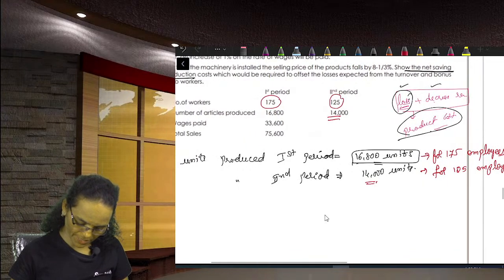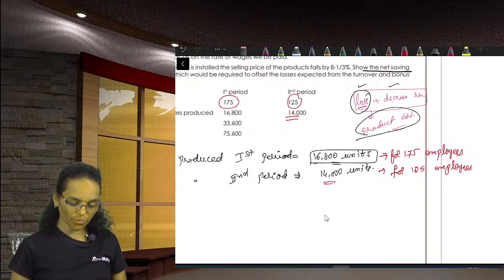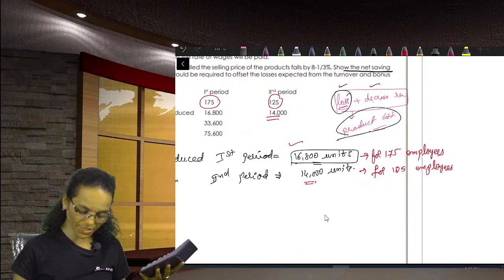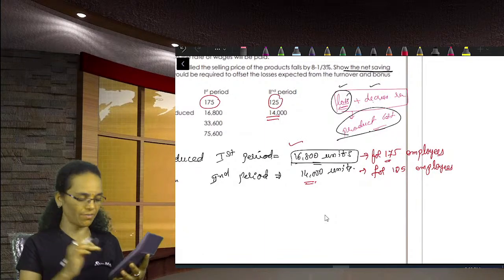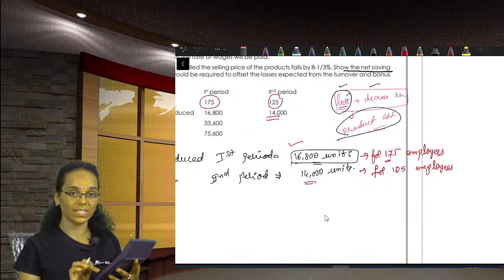So I can say, number of units produced by one employee per year: 16,800 units got produced when the number of employees was 175.